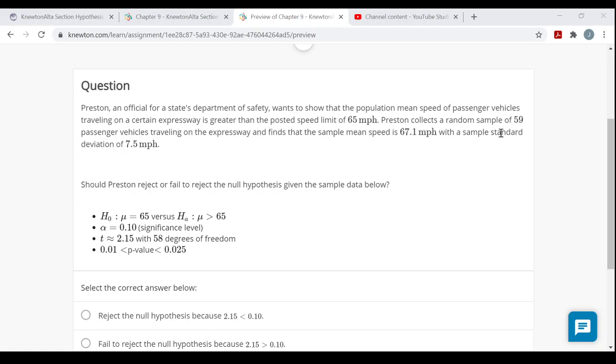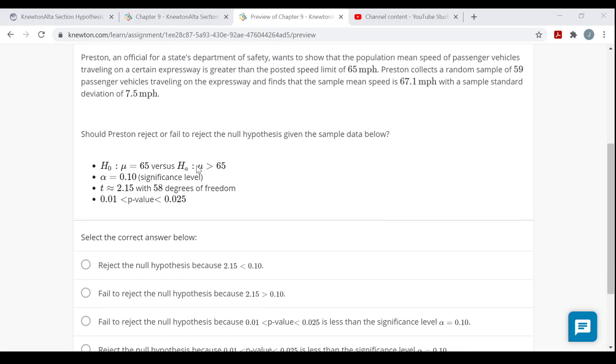Preston collects a random sample of 59 passenger vehicles traveling on the expressway and finds that the sample mean speed is 67.1 miles per hour, with a sample standard deviation of 7.5 miles per hour. Then, should Preston reject or fail to reject the null hypothesis given the data below?